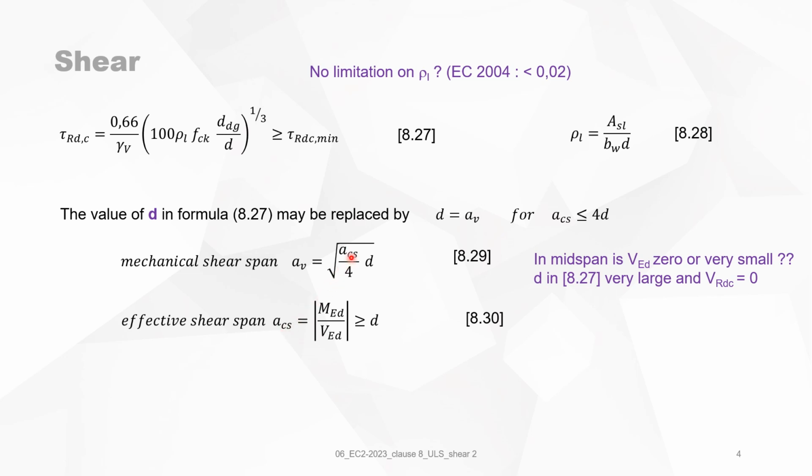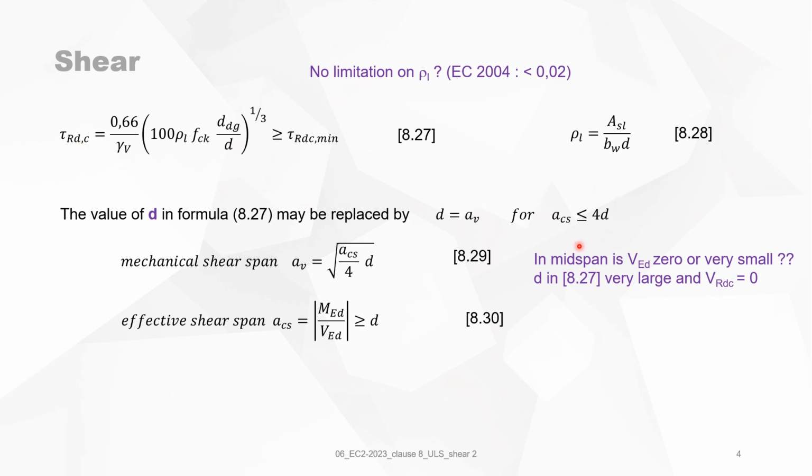And when the effective shear span is very large, then the mechanical shear span is very large, and then d will be very large. And when d is very large, then the shear stress will be almost 0. So this cannot be right. When you have in midspan a 0 capacity of the concrete alone, that's not right.